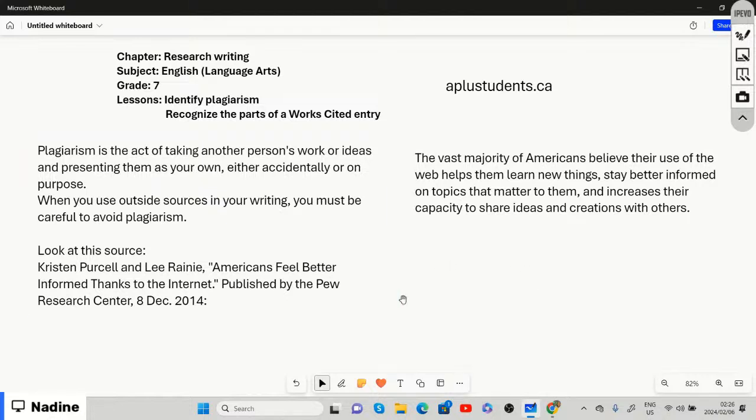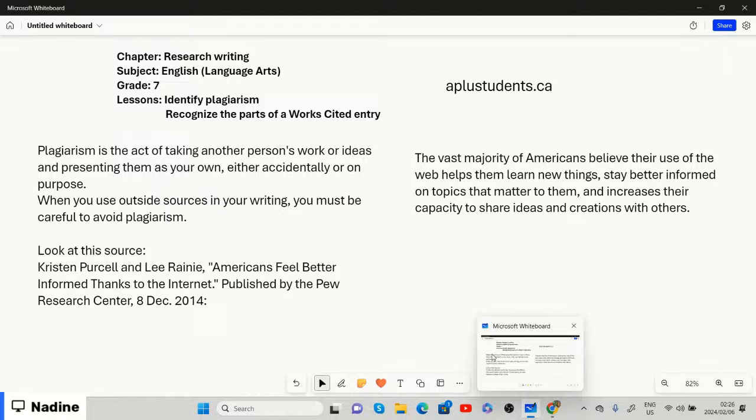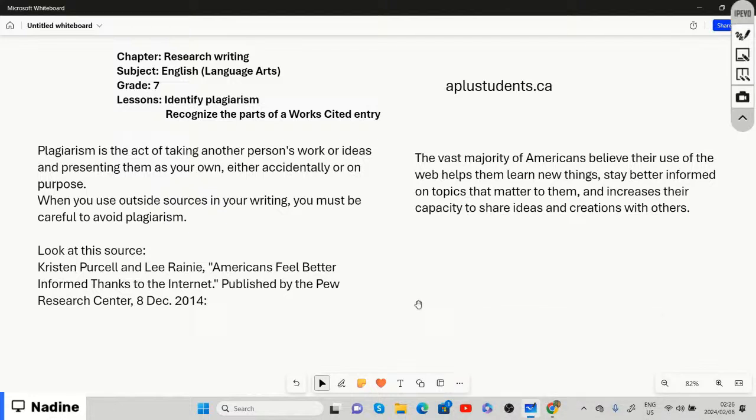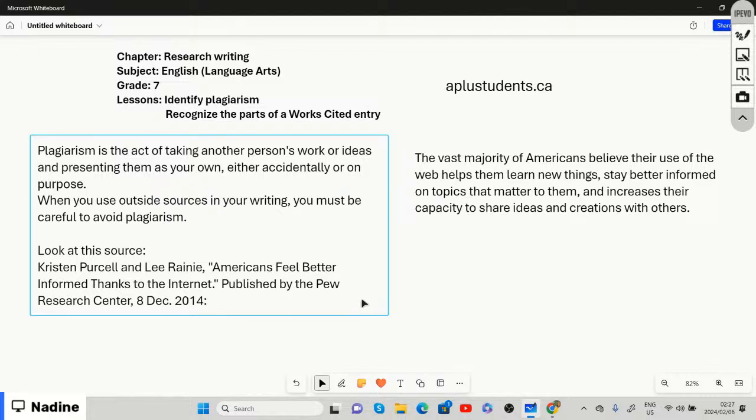So basically, when it comes to research writing, there are a few things that we need to avoid, and one of them is plagiarism.